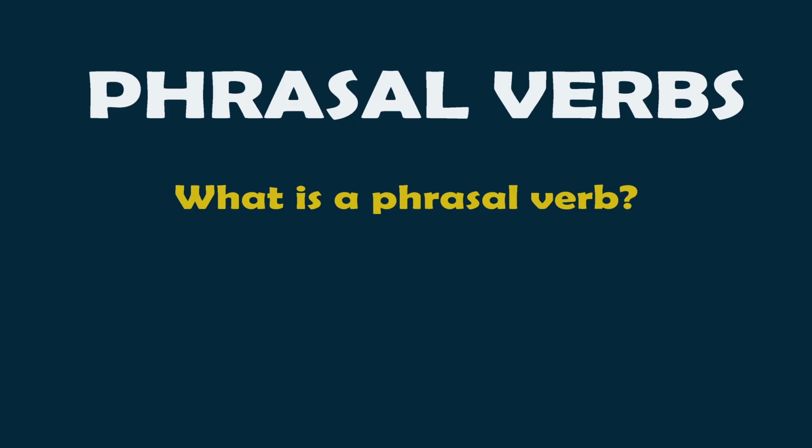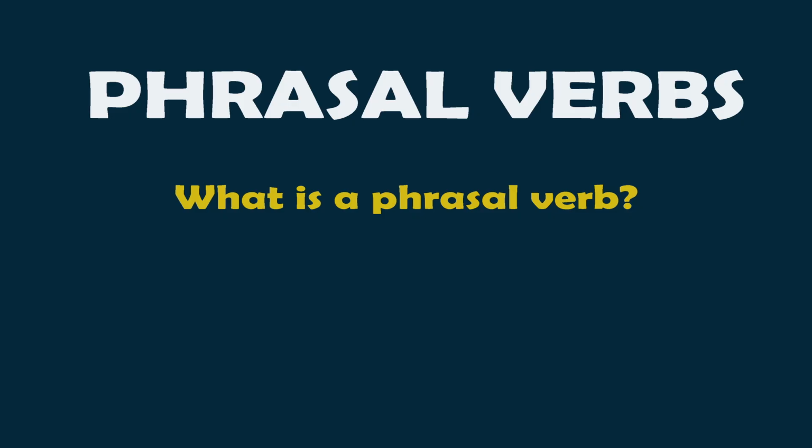Today we are going to talk about phrasal verbs. What is a phrasal verb? A phrasal verb is a phrase made up of a main verb and one or more small words. These small words can be prepositions or adverbs.